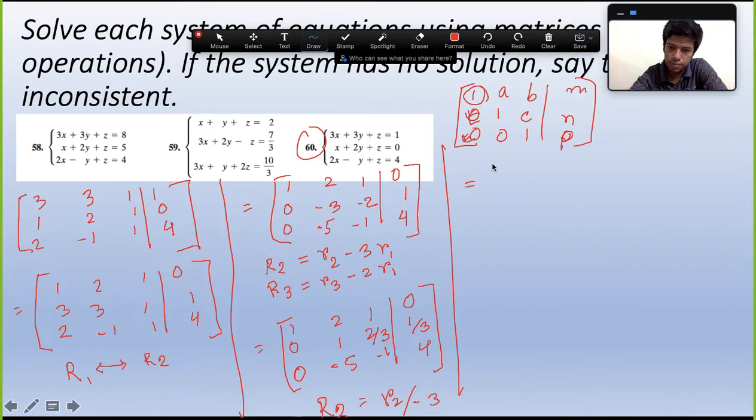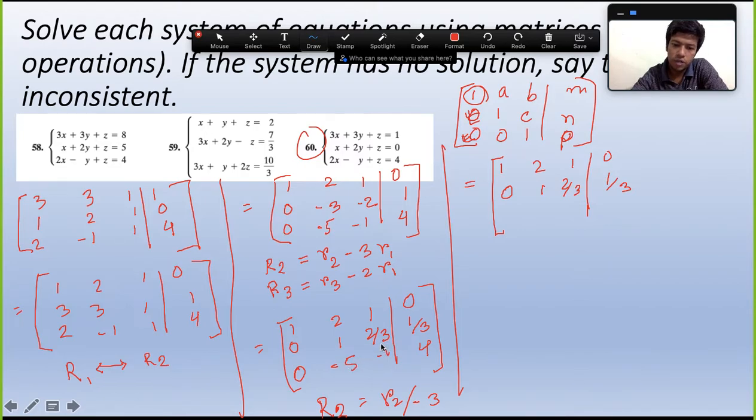This equals 1 2 1 0, then 0 1 2 by 3 1 by 3. Okay, so what I wanted to do in this last line is, our target is to get a 0 here for 5.